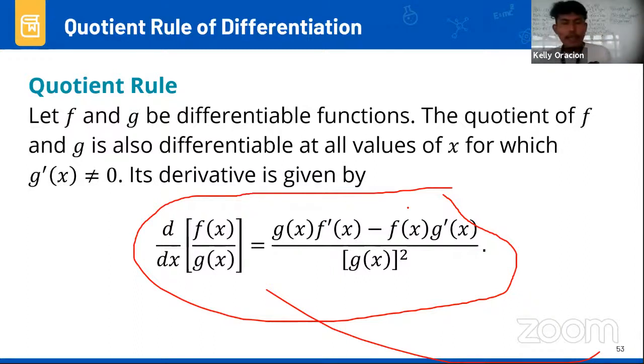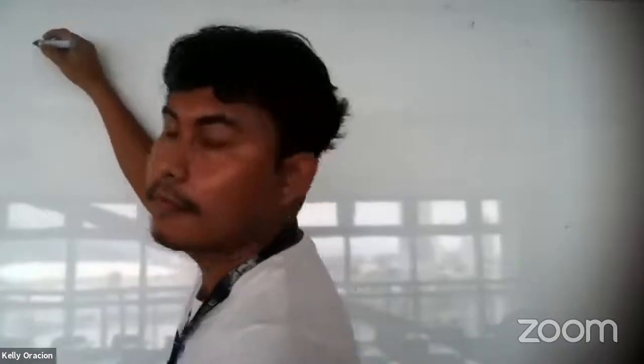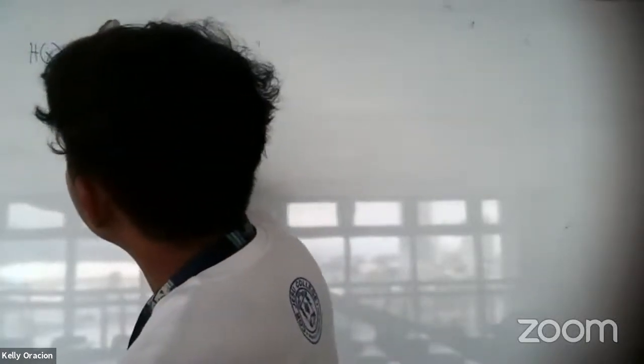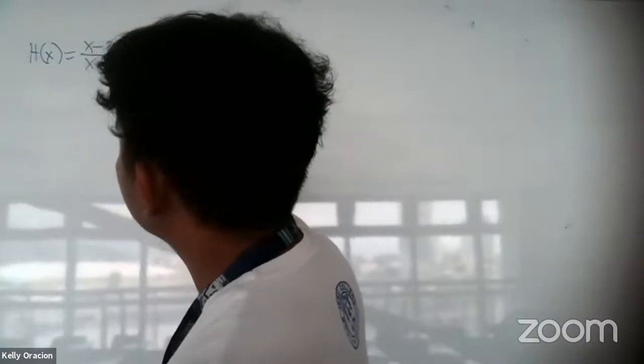Okay? So let's have our first example. I will give two examples for the quotient rule. So we have x minus 2 over x plus 3.